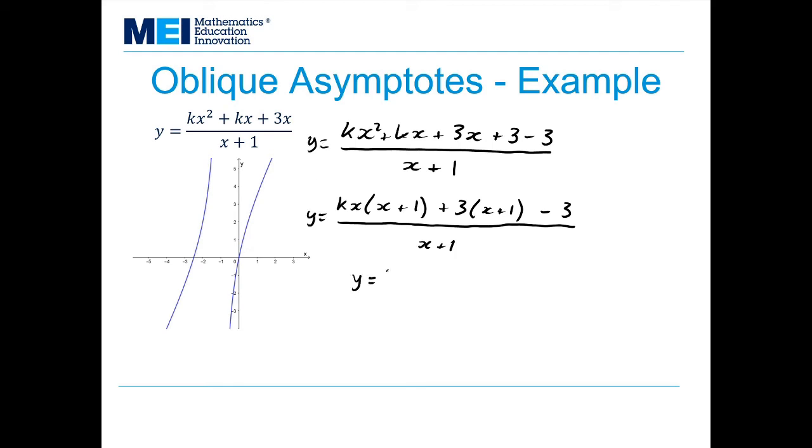And now I can cancel. So that simplifies. This cancels with this, cancels with this. So I get kx plus 3 minus 3 over x plus 1. And then I know that y equals kx plus 3 is an oblique asymptote.